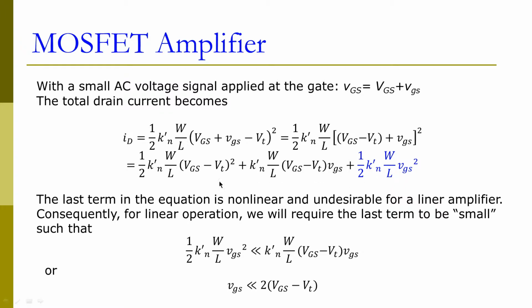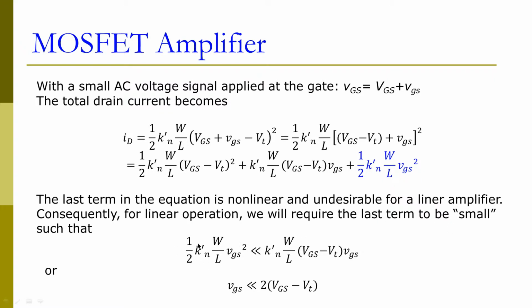So the first term, we call it the DC components, and the second term is the linear AC components. Now the third term here, which is the last term in the equation, is a nonlinear term, which is undesirable for a linear amplifier. So for linear operation, we will require this last term to be small enough that it can be ignored.